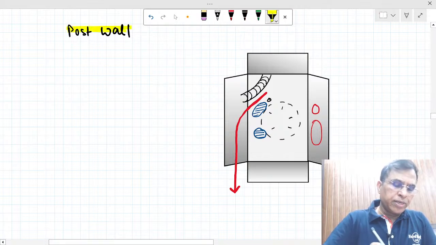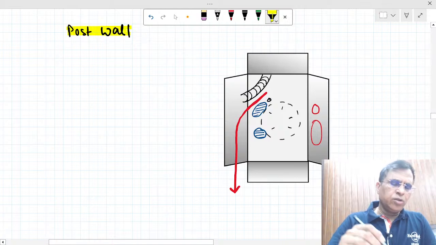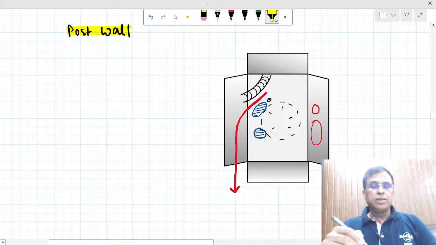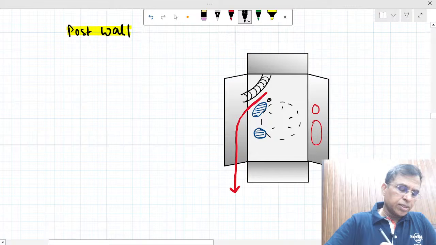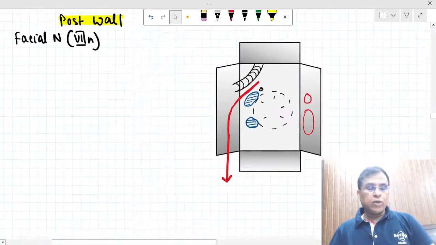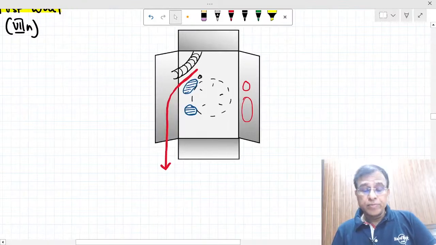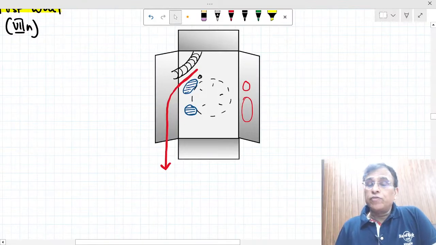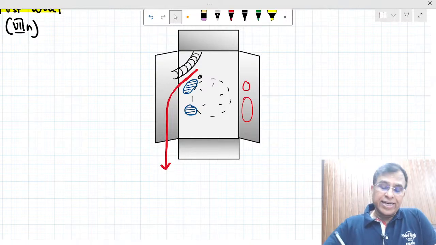In the posterior wall of the middle ear, one thing that you know already is the facial nerve. Yes or no? Seventh nerve. And look at the diagram. The facial nerve is coming out of the ear. If any nerve is coming out of anywhere, there has to be a foramen.